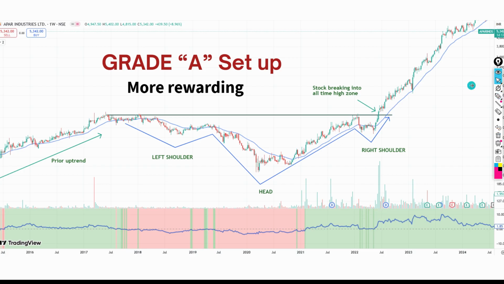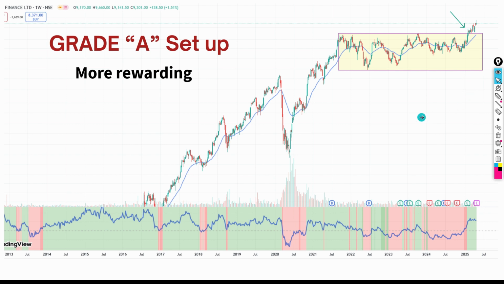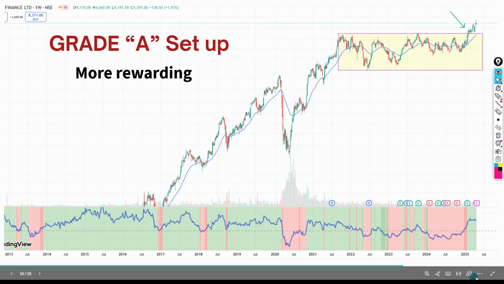Okay. So coming to the next example, this is another grade A setup that is currently in the making, and it's already broken out here. At the time of making this video, the top was almost here, and now it is trending higher. This is Bajaj Finance stock.